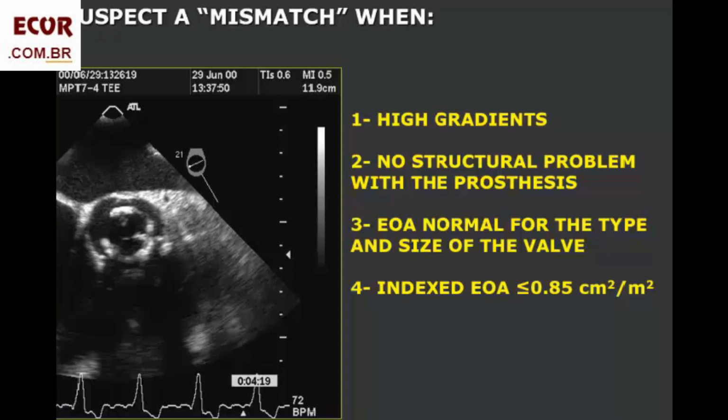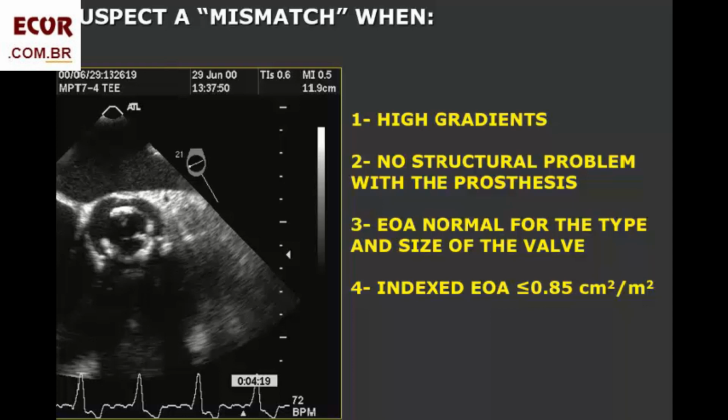Then, we suspect a prosthetic mismatch when there is a high trans-prosthetic mean gradient and no structural problems with the prosthesis. Visual aspect of ring circumference is clearly quite less than the circumference of the aorta. The visual orifice of the open leaflets make more obvious the difference with a normal valve opening that would reach the aortic walls.